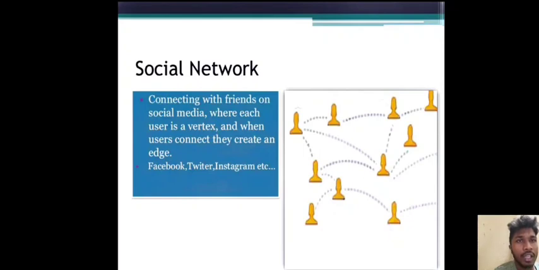In social networks, we connect with friends on social media where each user is a vertex and the connections create an edge. For social networks like Facebook, Twitter and Instagram, we are the vertices and the edges are the connections between them, which carry our communication.